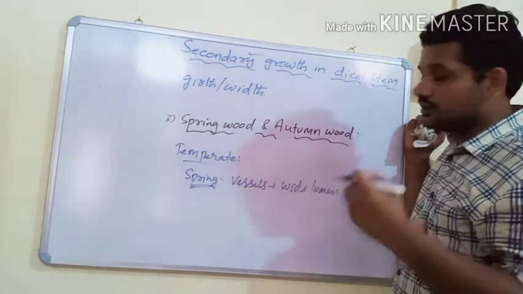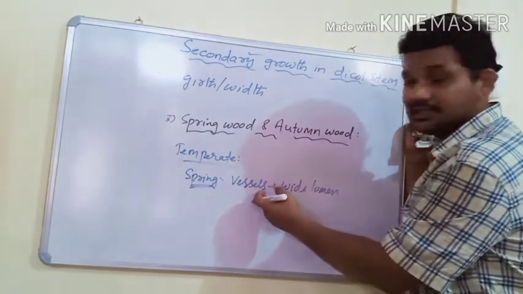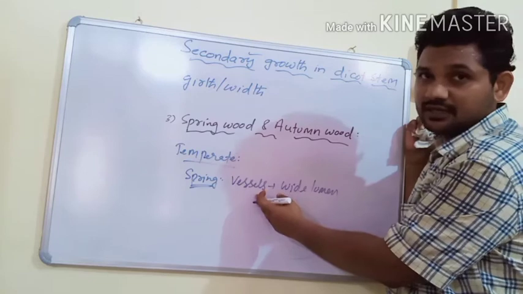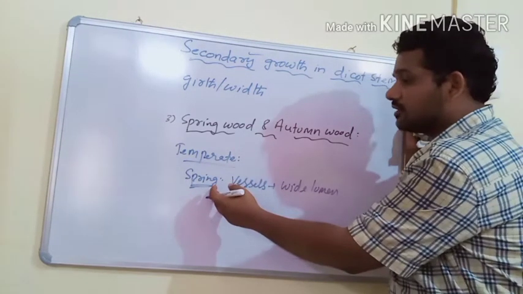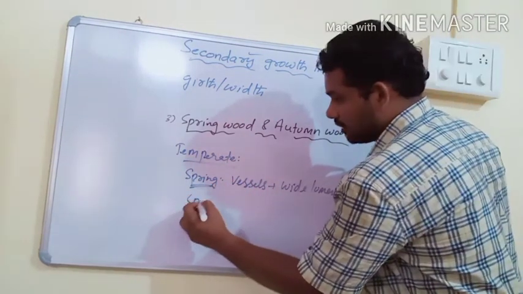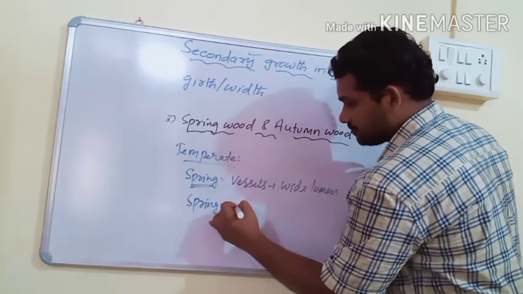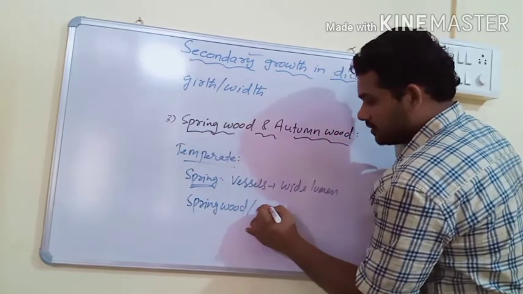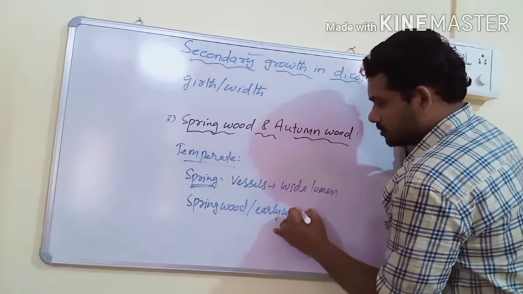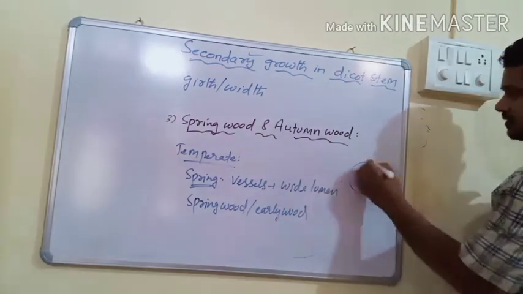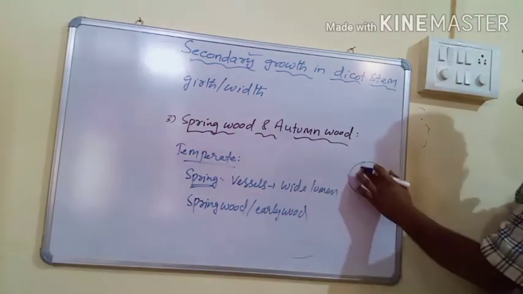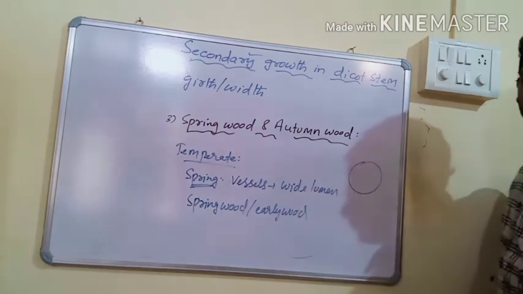The vessels are components of xylem, that is, secondary xylem. The wood formed during spring season is called spring wood, or it is also called early wood.